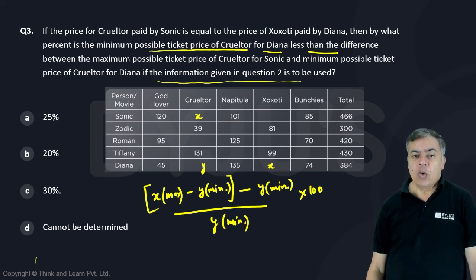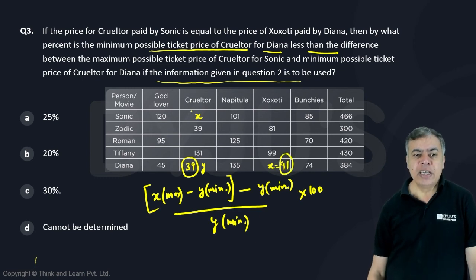Now, because I want to take Y minimum, this one must be 39. Y minimum must be 39. If Y is 39, X would be, as we calculated, 130 minus 39, so it was 91.